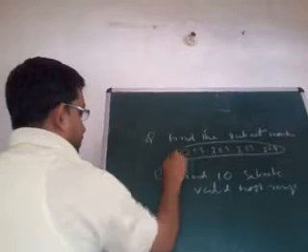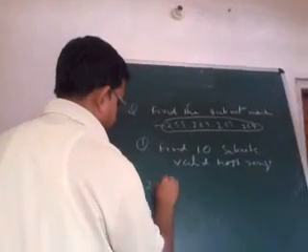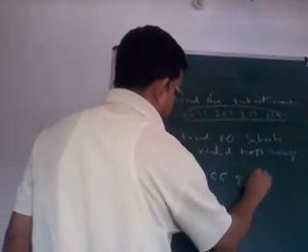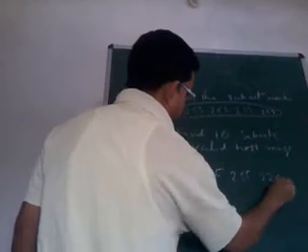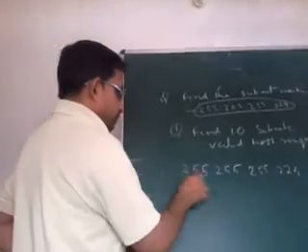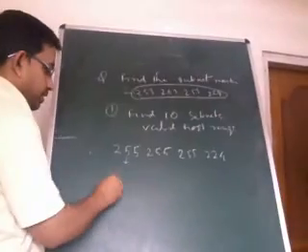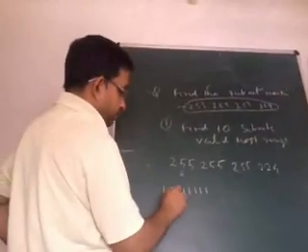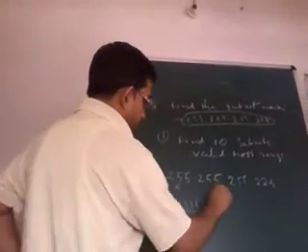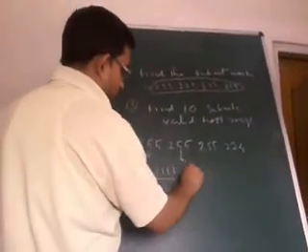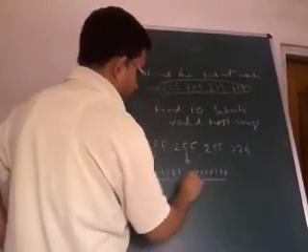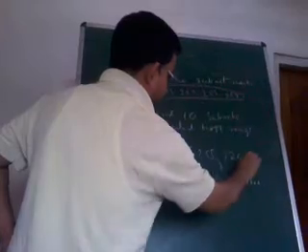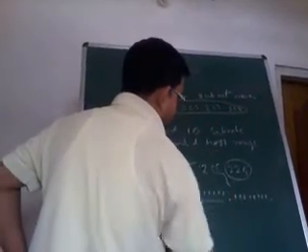Now from here the rule is very simple. Suppose this is given: 255.255.255.224. The first step is to convert this to binary. 255 is 8 bits on, 255 is 8 bits on, and the third 255 is also 8 bits on. This last part is very important, because it is 224.